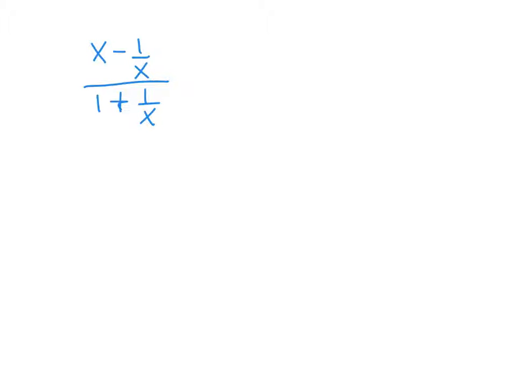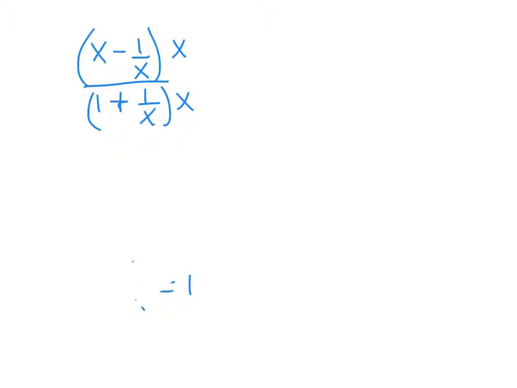So I can use that to multiply top and bottom by x. I'm going to multiply the top by an x and the denominator by an x. I can do that because x over x is just a 1, right? So that's what I'm doing.